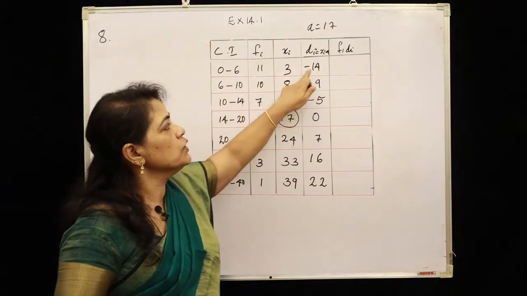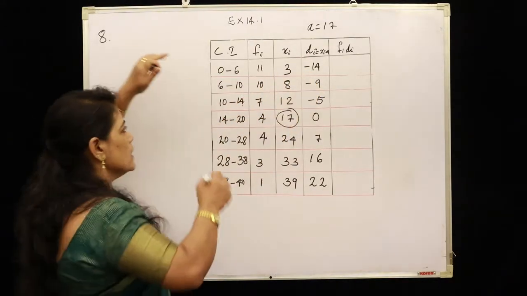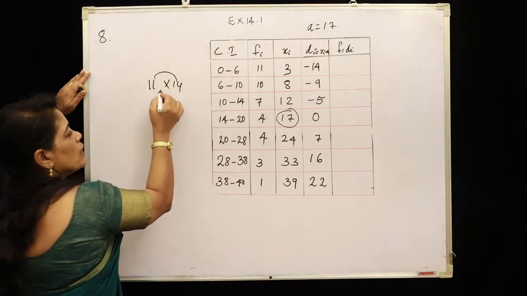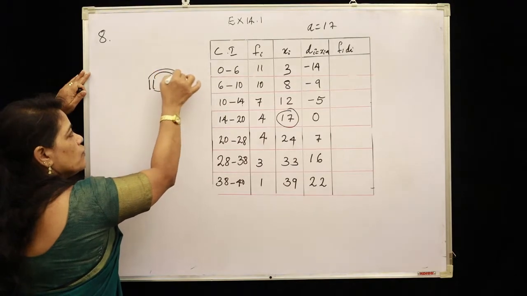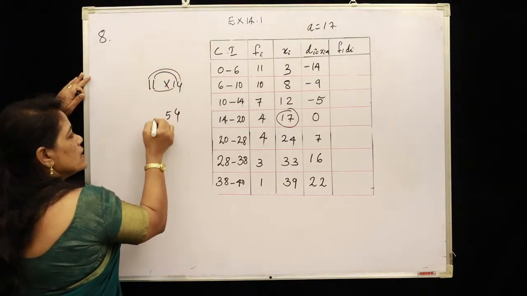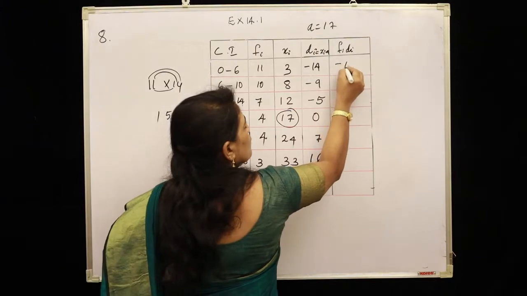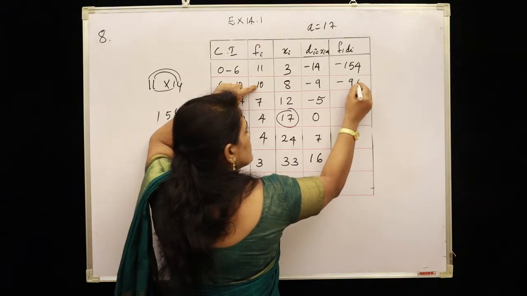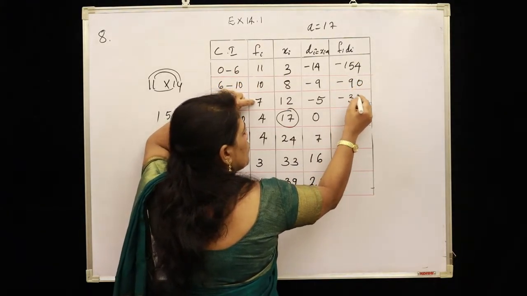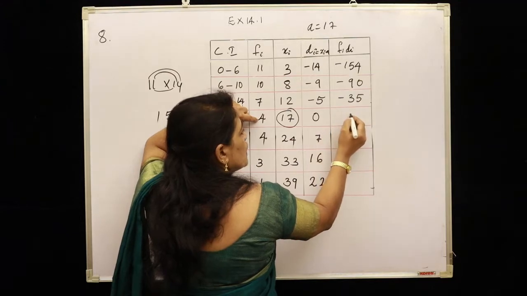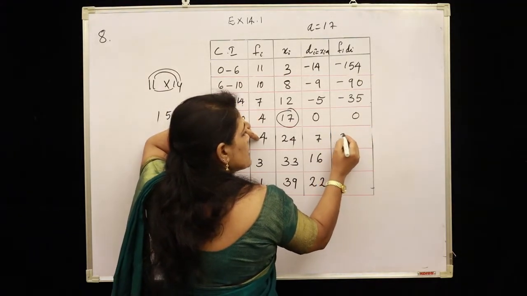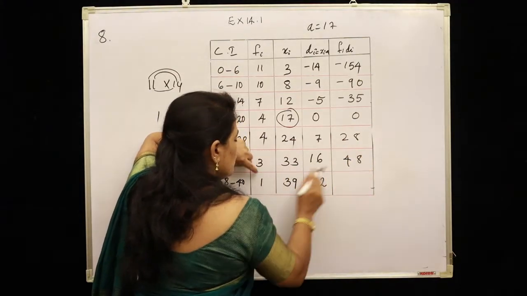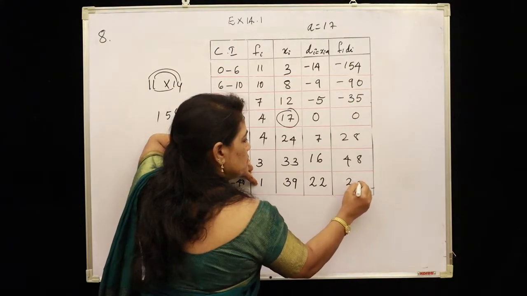So 11 into 14, negative 154. 9 into 10, negative 90. 7 fives are 35, negative 35. 4 into 0, 0. 4 sevens are 28. 3 into 16, 48. And 1 into 22, 22.